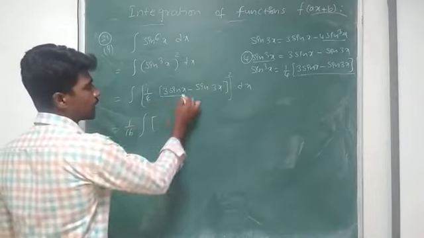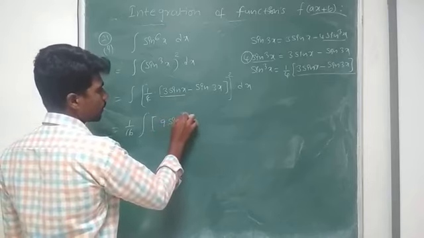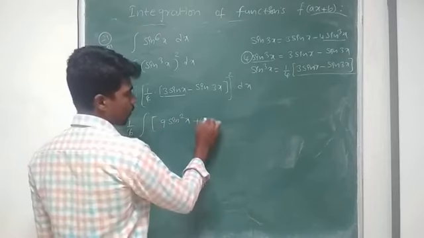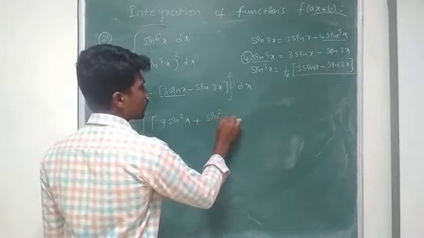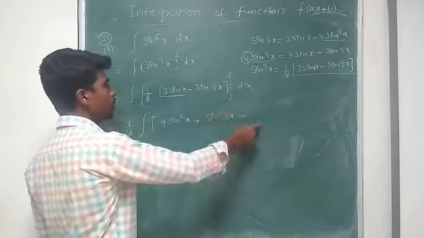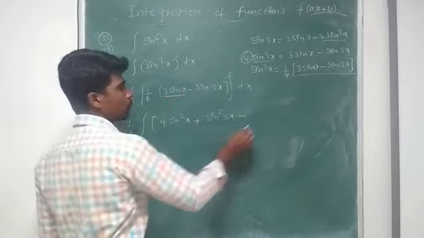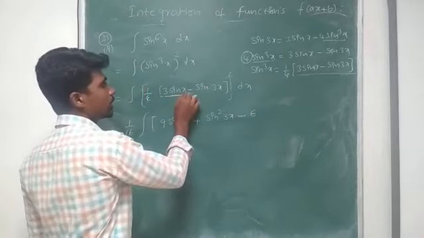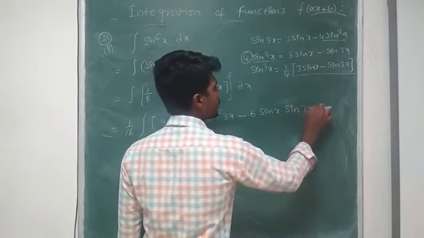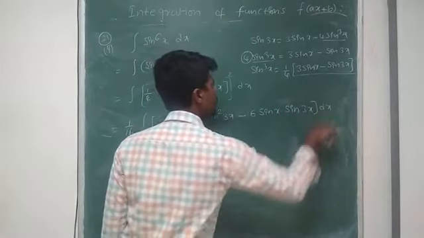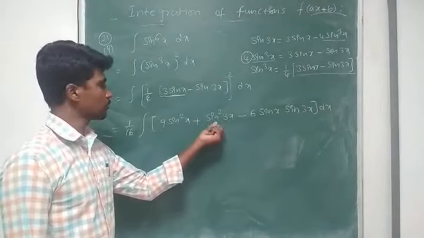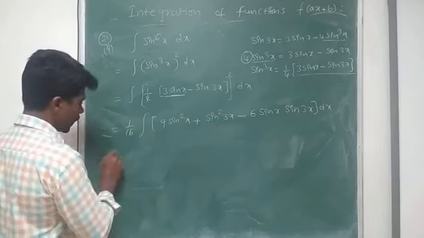Integral 3 sin x whole square, 9 sin square x, plus sin square 3x, minus 2 into a into b, 2 into 3, 6 sin x into sin 3x dx. You see here I have sin square x and sin square 3x, so I have to convert. So I am doing that conversion.